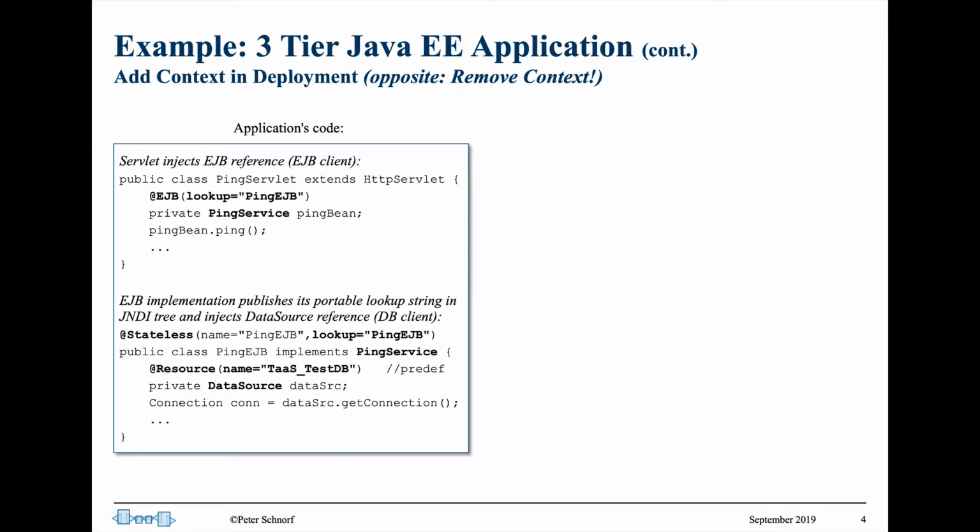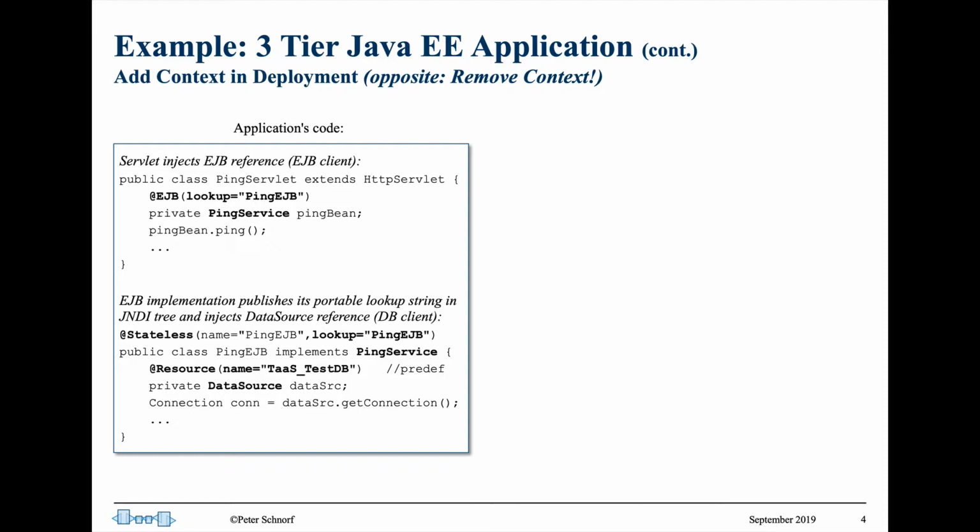The EJB implementation, on the other hand, publishes its name, its portable lookup string in its node's JNDI tree, or its server's JNDI tree, and in order to be able to call the database, injects the data source reference as a DB client. So in this particular case, the lookup string is again ping EJB that will be entered into the local JNDI tree.